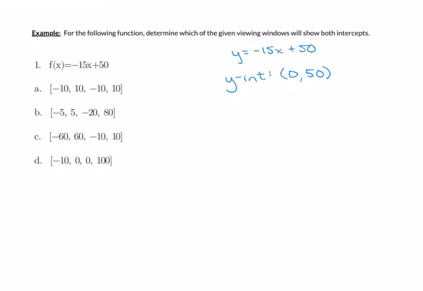Now for my x-intercept, I do need to do a little bit of work. Remember that to find the x-intercept, we're going to plug 0 in for our other variable, so I'm going to plug it in for the y. And then I want to solve for x, so I'm going to subtract 50.